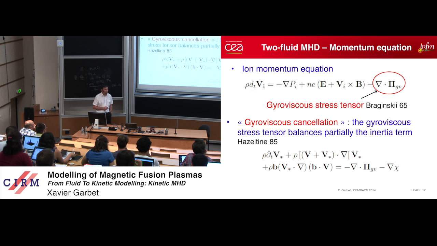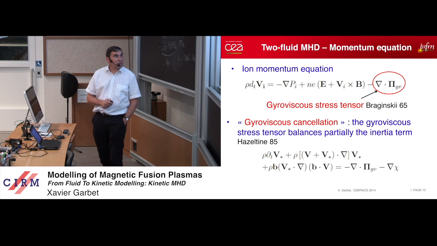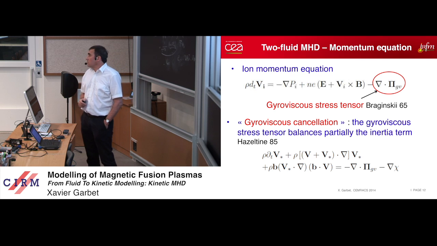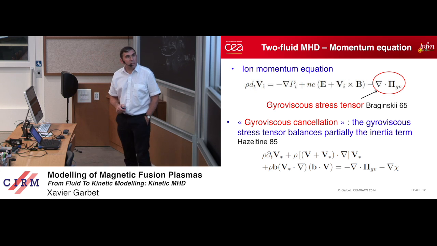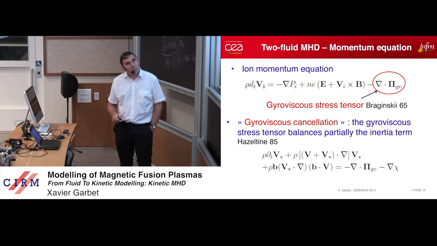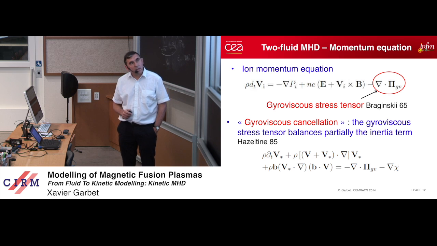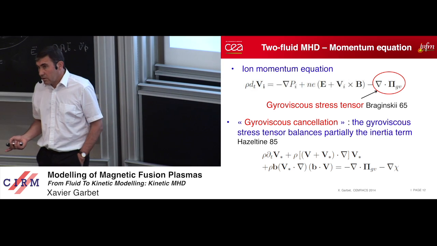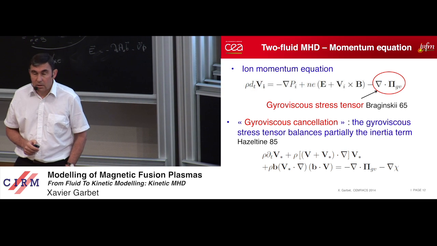So V is the MHD flow, V star is the ion diamagnetic flow, rho is the mass density. It's a bit complicated, but tractable. And there is also a small term here, which is quite small actually, and that you can incorporate in the pressure.